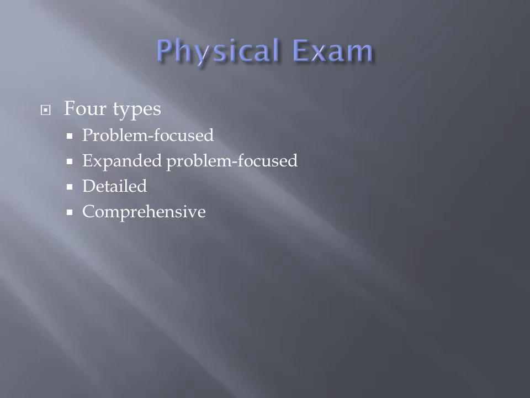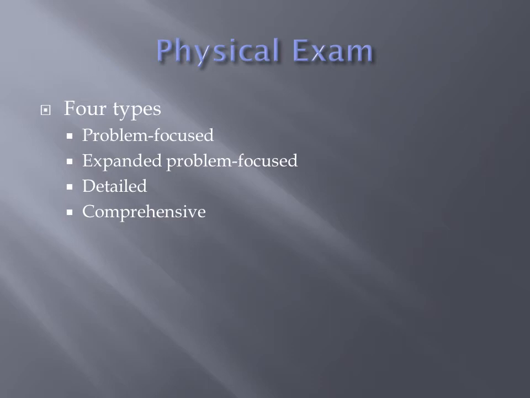Physical exam. There are 4 types of physical exams. The 4 types are based on the number of body areas or organ systems examined, or the extent of the exam of a single body area or organ system. A problem-focused exam consists of a limited exam of the affected body area or organ system.